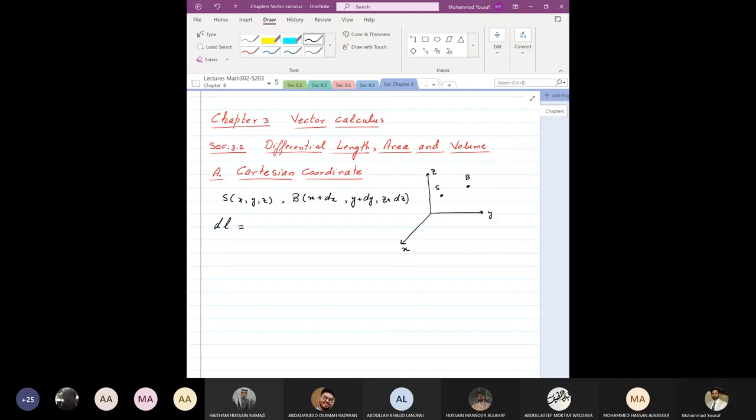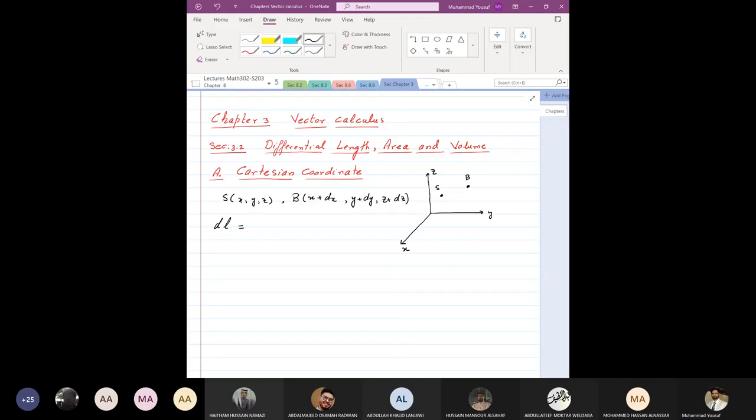Now dl is equal to, when we go from one point to the other point and make a vector from one point to the second point, it has an x component, a y component, and a z component.